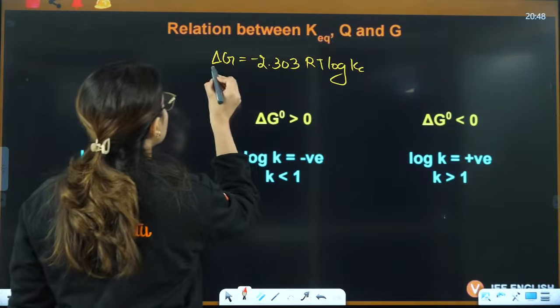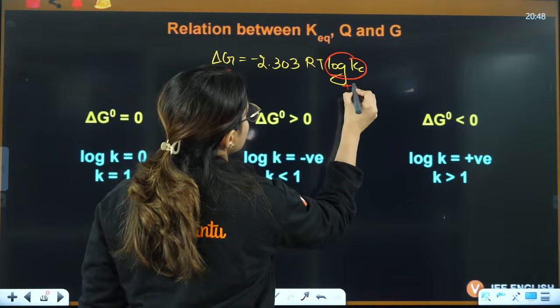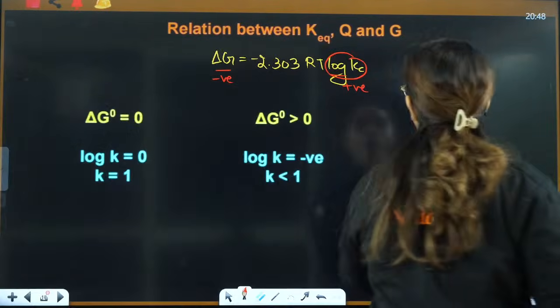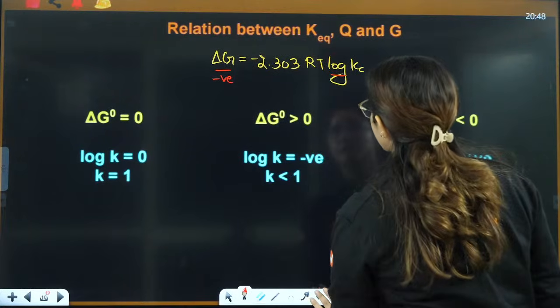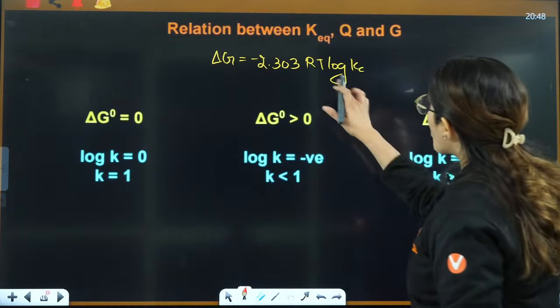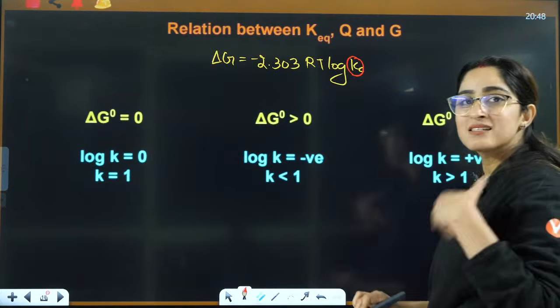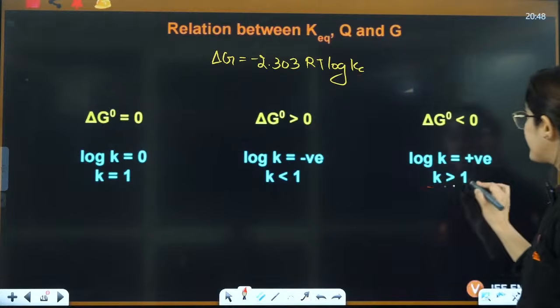If I say this is negative, then this will become positive, so log of k has to be positive. Log of that thing is positive when the thing inside is greater than 1. That means Kc here will be greater than 1.